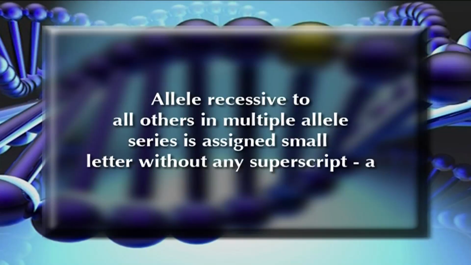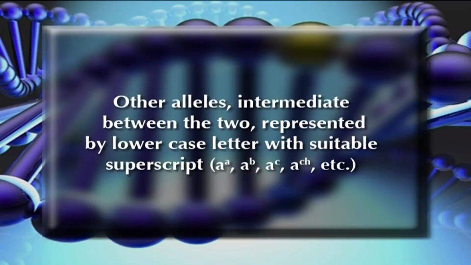The allele recessive to all others in a multiple allele series is assigned the small letter without any superscript, a. Other alleles are intermediate between the two and are represented by the lowercase letter with suitable superscript, which is aA, aB, aC, aCH, etc.